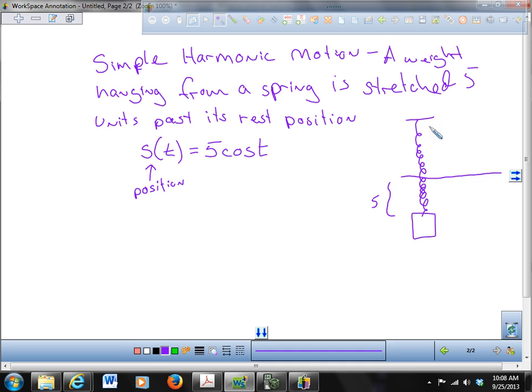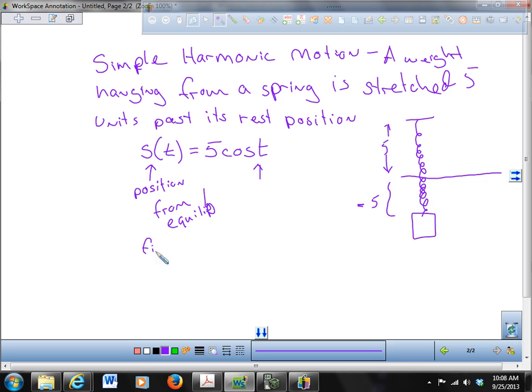If I were to plug in, for instance, 2, I'd get where that thing is at that point. This would be negative and this would be positive, right? As far as distance from the equilibrium position.